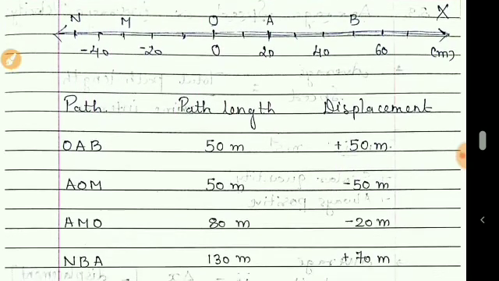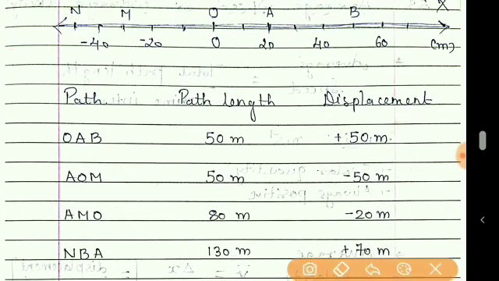Now one more case is there, AMO. Which path? Path is AMO. So the particle is moving from A to first M and then comes back to O. So in that case, what is path length?